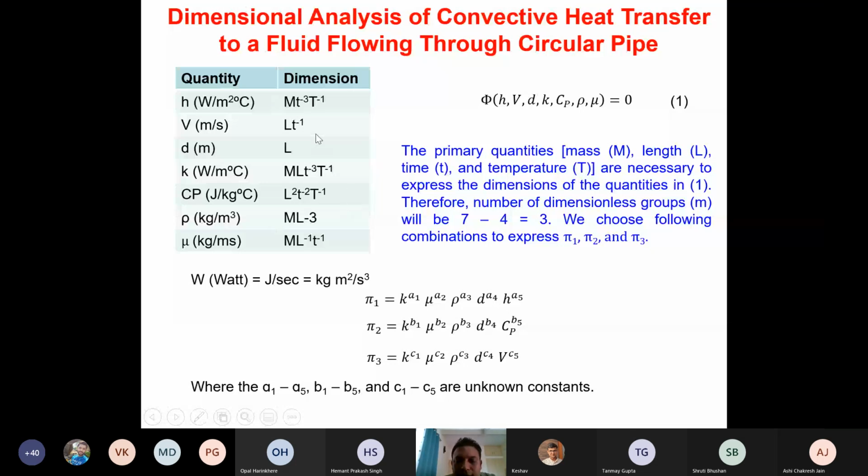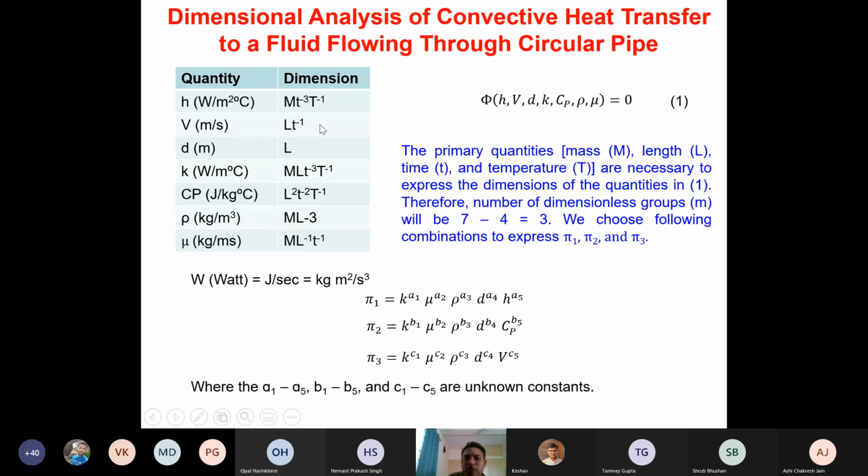Is it clear to everyone? So all these quantities are written in terms of dimensions. Here velocity is meter per second, so meter is a unit of length, so that becomes L into T inverse, because per second is there.